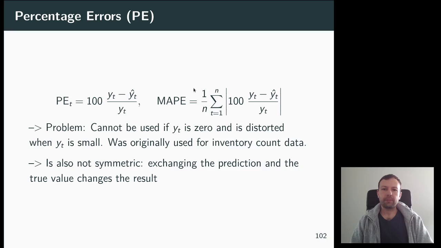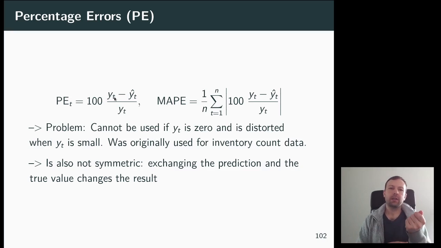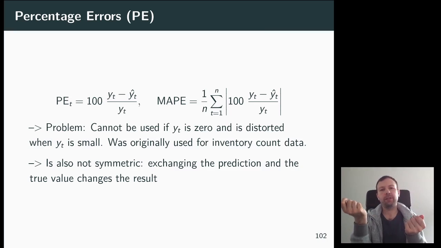So if you normalize your series and have series that are just between 0 and 1, or between -1 and 1, the MAPE is definitely not the right measure to use. Another problem is that it is also not symmetric. If you exchange the prediction and the true value, you change the result. If YT is 3 and YT hat is 5, you get a different result than if YT is 5 and YT hat is 3.